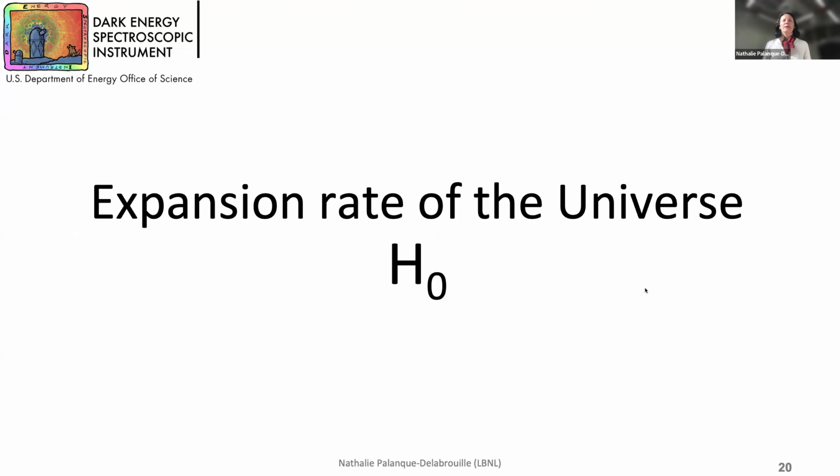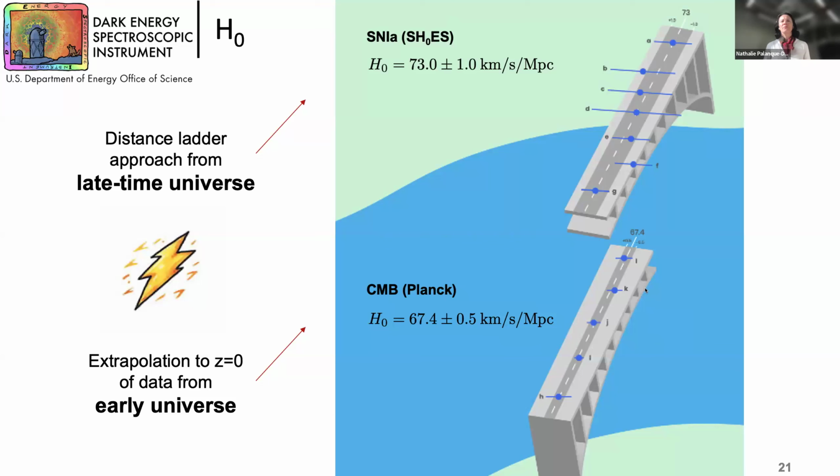So where do we go from here? Well, first, one of the parameters of interest is the expansion rate of the universe, H0. And this has gotten a lot of attention recently because of a pretty strong tension between two approaches to determine this parameter.